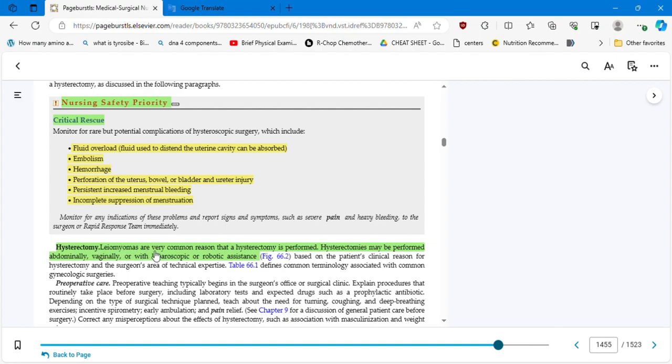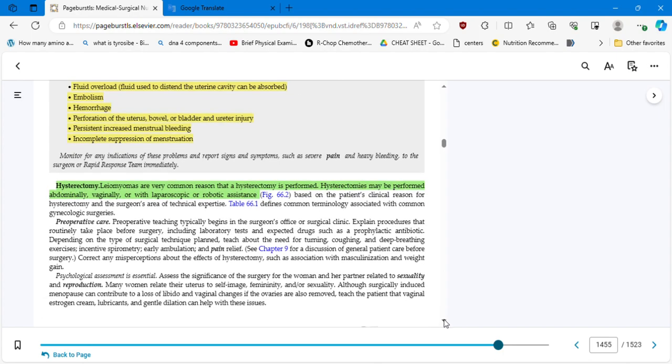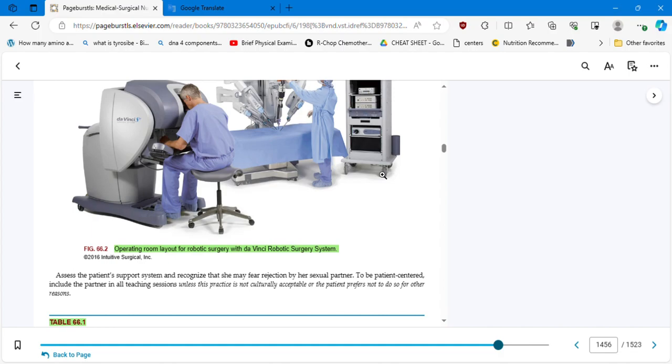Hysterectomy. Leiomyomas are a very common reason that a hysterectomy is performed. Hysterectomies may be performed abdominally, vaginally, or with laparoscopic or robotic assistance. These last two are more common, the laparoscopic, and lately the robotic assistance is used very often. Here you have the operating room layout for robotic surgery with the Da Vinci robotic surgery system.